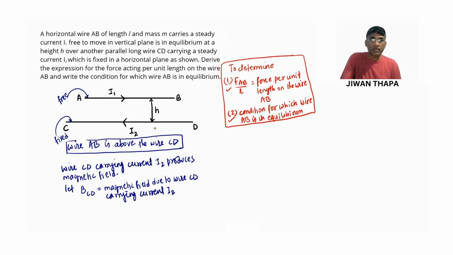Now, the magnetic field in the upper region. Wire AB is in the upper region of wire CD, or above wire CD, so we need to find the magnetic field in this region.